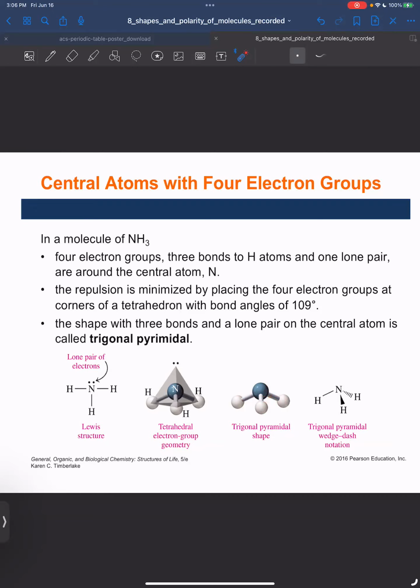And so it's not flat, it's not trigonal planar, but rather it's trigonal pyramidal. And once again, you can actually illustrate that in 3D. Trigonal pyramidal has 1 in the plane, 1 bold, 1 dashed. And usually for drawing in 3D, I include that lone pair, but it doesn't have to be on a line or anything. It's just on the nitrogen atom.